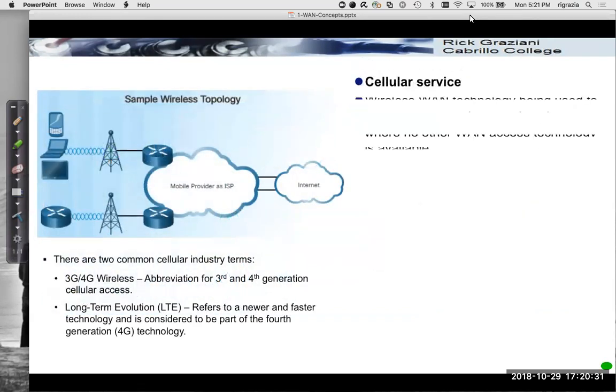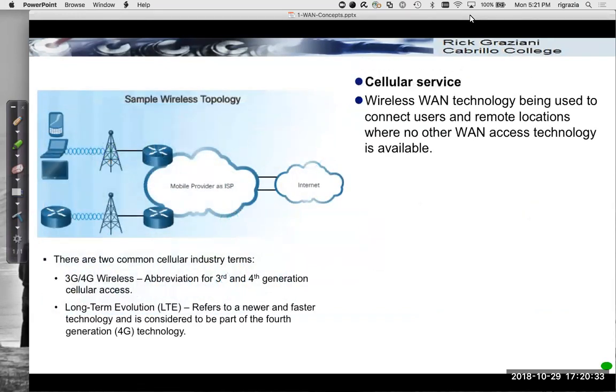Cellular service is another option. This is a wireless technology that I've had to use at times when I don't have any other option to connect to the internet. I'll connect using my 4G or LTE service to a tower.